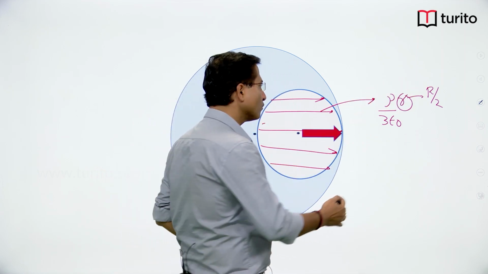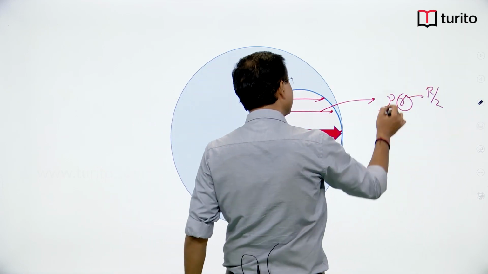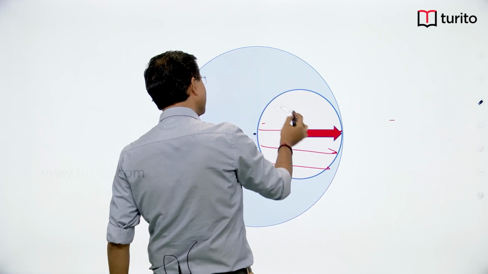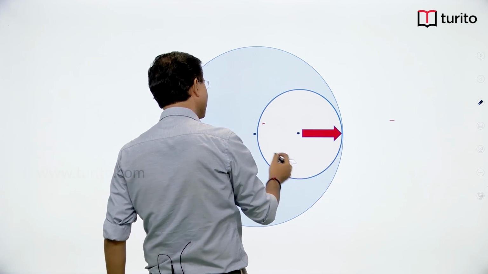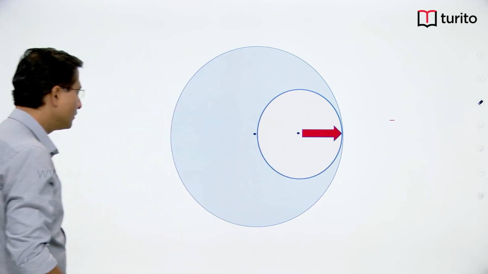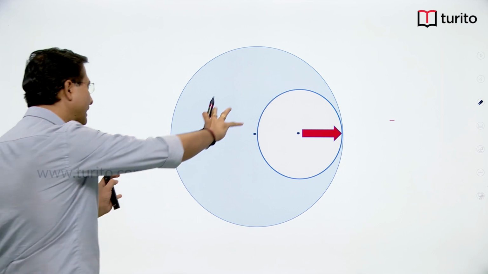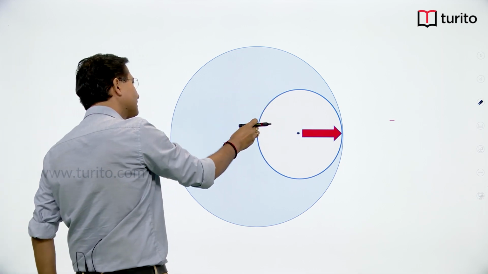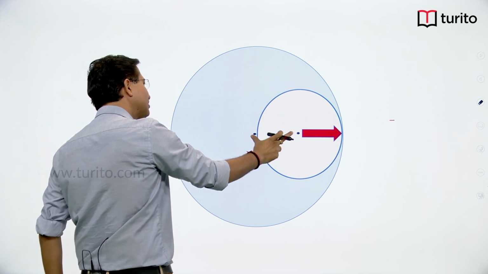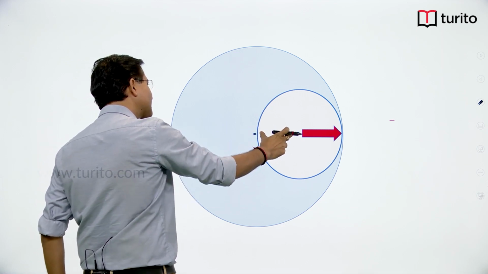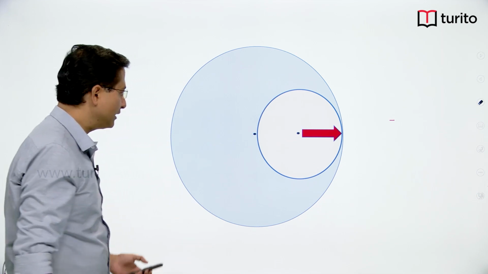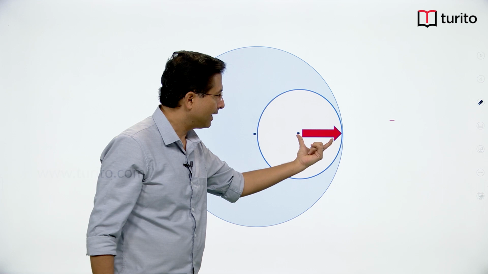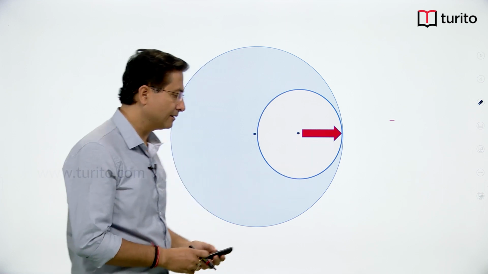Now what I want to say is, as I move the cavity, this center starts moving towards the center of the sphere, this gap starts reducing. As this gap starts reducing, the magnitude keeps decreasing. So this is representing the electric field and the length represents the magnitude, right.